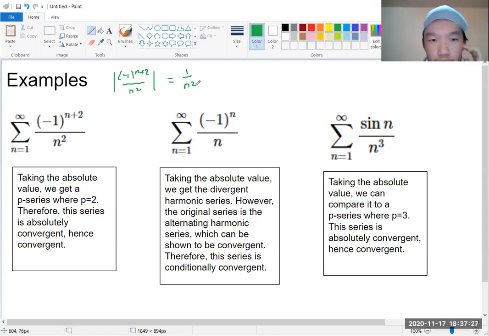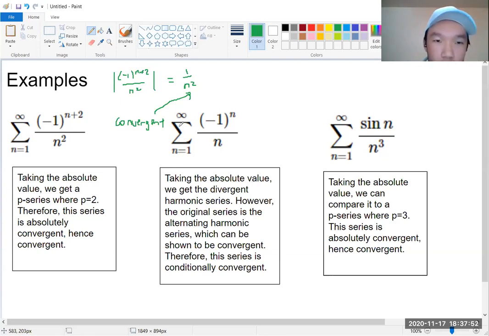And that's a p series, and this p series is convergent. So therefore, we can say that this series is absolutely convergent, which means it's also convergent. Okay.